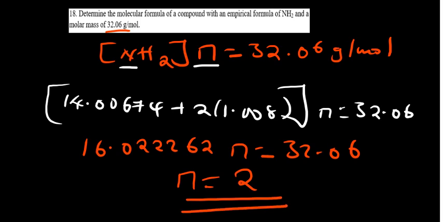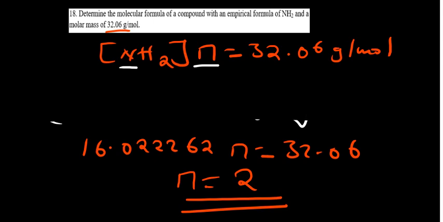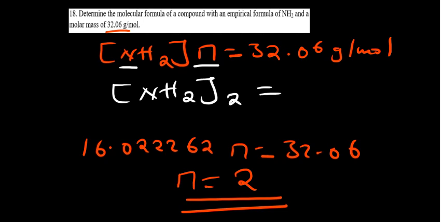So after finding your value of N there, you can now multiply with whatever you have in the brackets. Multiply against what? The empirical formula. So we have a single nitrogen, so we're going to have 2. Then we have 2 hydrogen atoms, so that will be 4. So that is our molecular formula in this question.